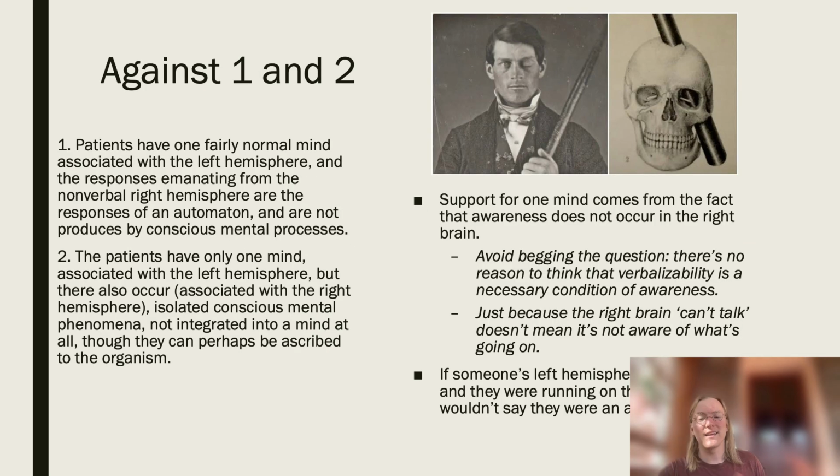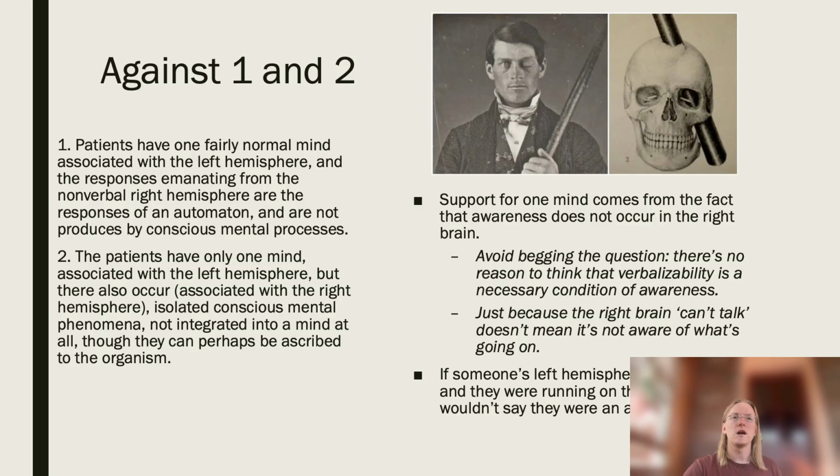So the first thing Nagel does is he rejects the plausibility of the first 2 explanations. Nagel says, look, support for the idea that we have one mind comes from the fact that awareness does not occur in the right brain because there's no language center. But Nagel wants us to avoid begging the question.